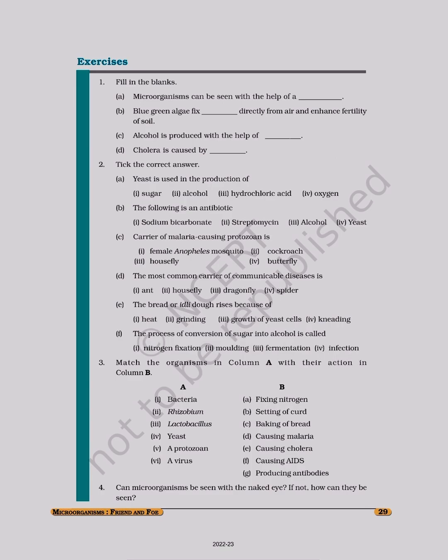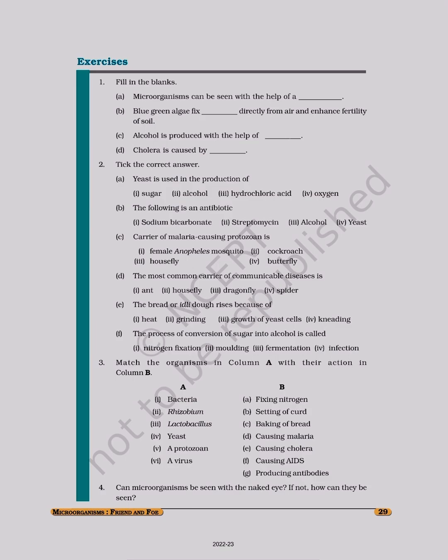The most common carrier of communicable disease is ant, housefly, dragonfly, spider. Next, the bread or idli dough rises because of heat, grinding, growth of yeast cells, kneading. Next, the process of conversion of sugar into alcohol is called nitrogen fixation, molding, fermentation, infection.